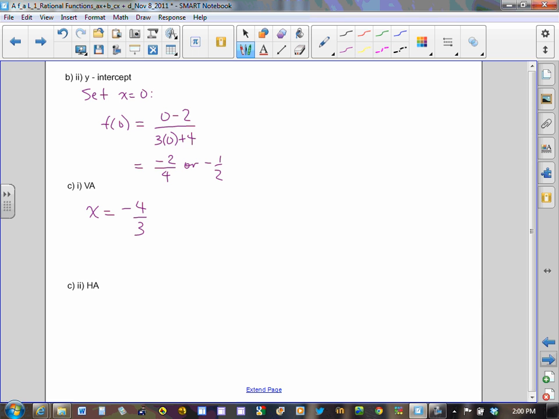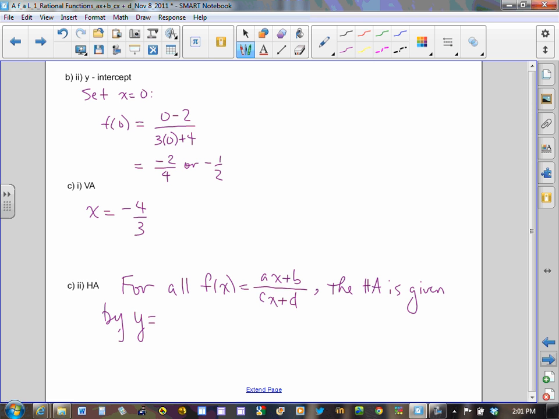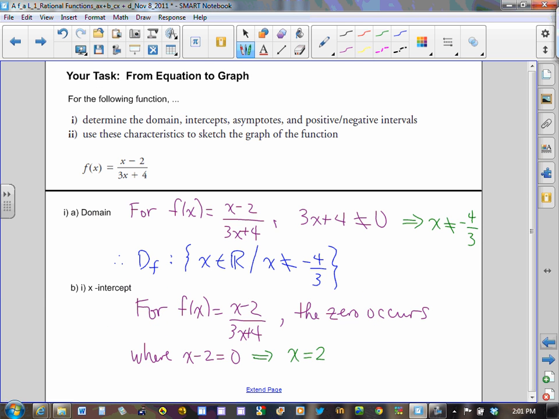So recall that for all functions f(x) equal to (ax + b) / (cx + d), the horizontal asymptote is given by y = a/c. Thus, in this case y = a/c is going to be equal to, let's check our function equation out, and here it is.